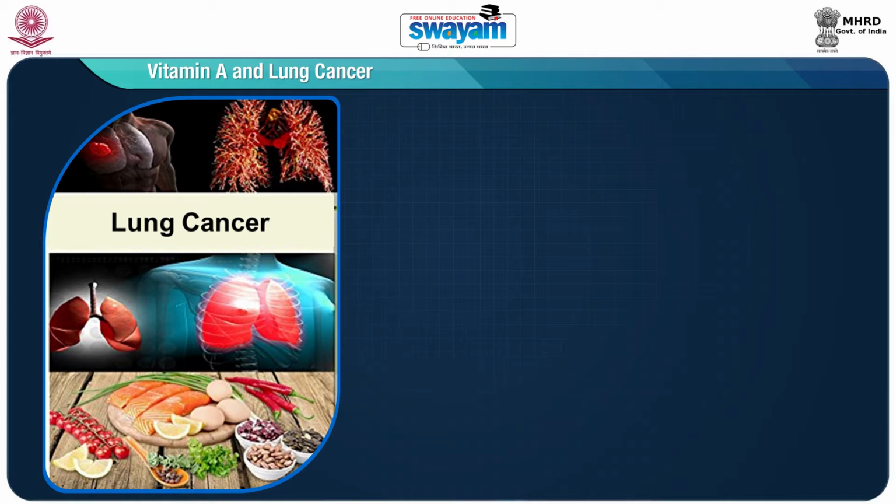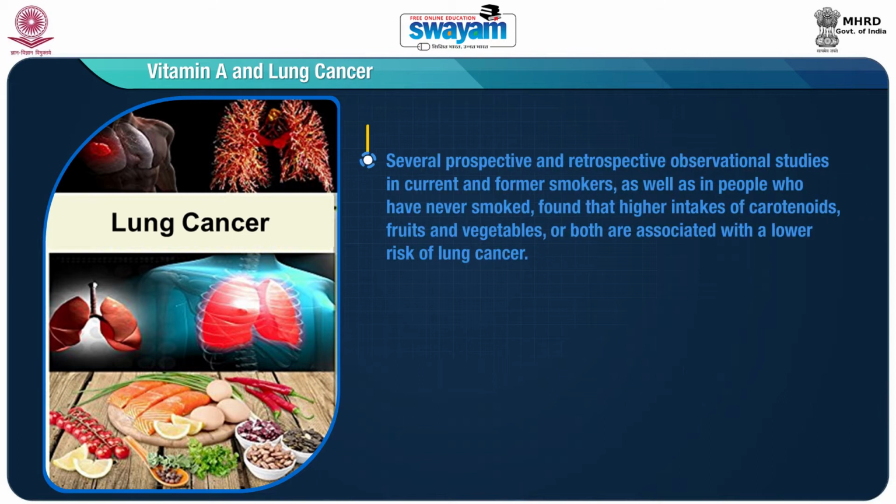Vitamin A and its health benefit in case of lung cancer. Several prospective and retrospective observational studies in current and former smokers, as well as in people who have never smoked, found that higher intakes of carotenoids, fruits and vegetables, or both, are associated with a lower risk of lung cancer.